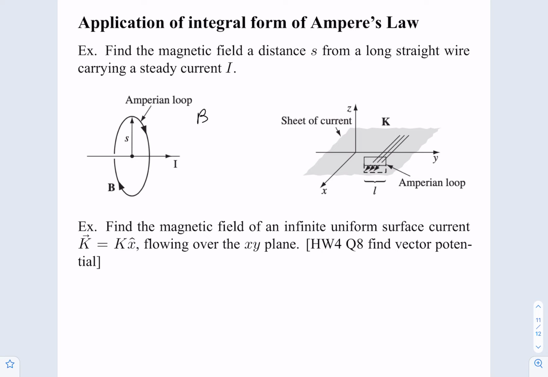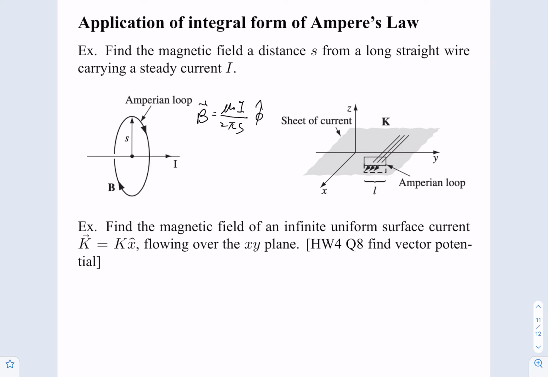The B field should be mu naught I over 2 pi s along the phi direction. But from Ampere's law, this result can actually be easily obtained. First, before we apply Ampere's law, what we need to do is determine the direction of the magnetic field. This is a bit tricky because we first need to get an intuition for the direction.